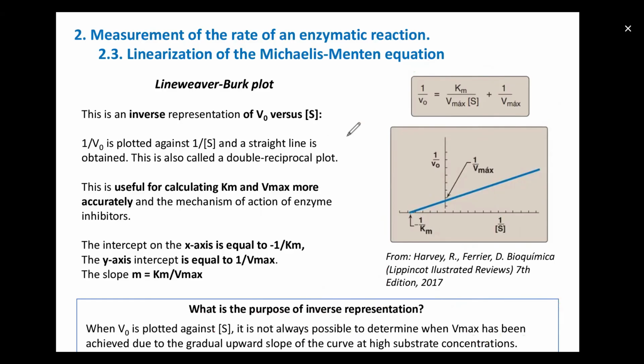Instead of V naught against substrate concentration, it is now 1 over V naught against 1 over substrate concentration, and the intercept here is 1 over V max.